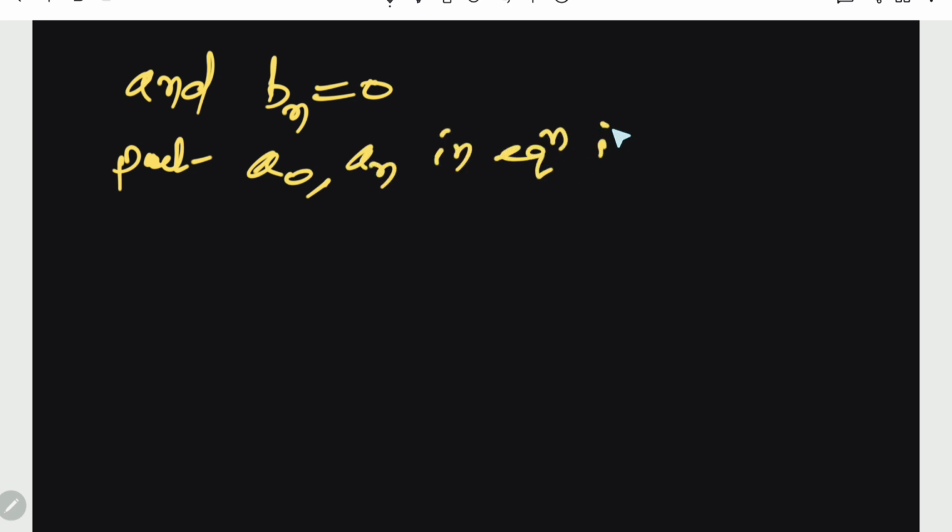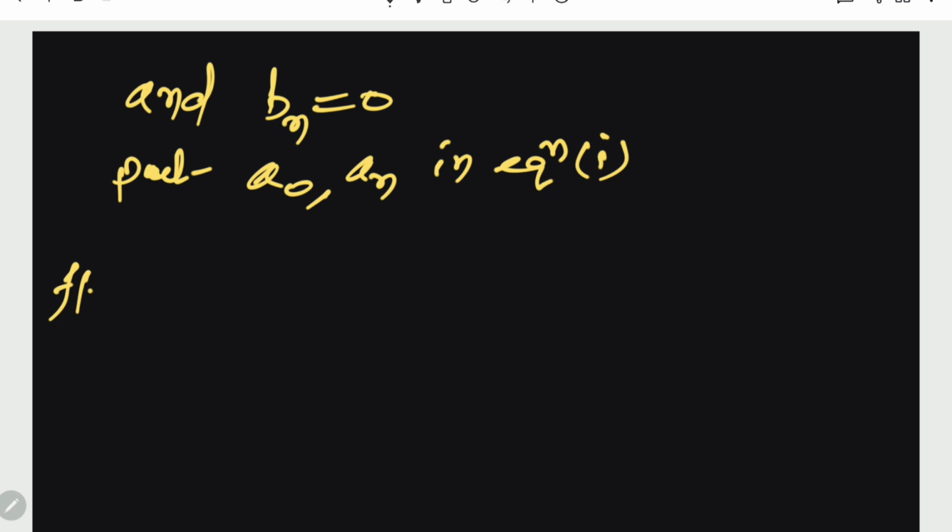Then the value of bn is 0 as it is a sine series. Substituting values of a0, an in equation 1, we get f of x is equal to a0 is 0 by 2, summation from 1 to infinity.